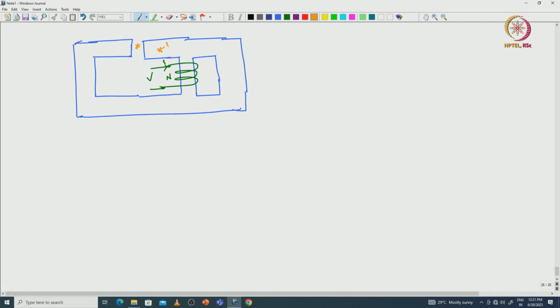Let us say this is point 1, this is 2, 3, 4, 5, this is at 6, 7, this is the air gap 8 and this is 9.